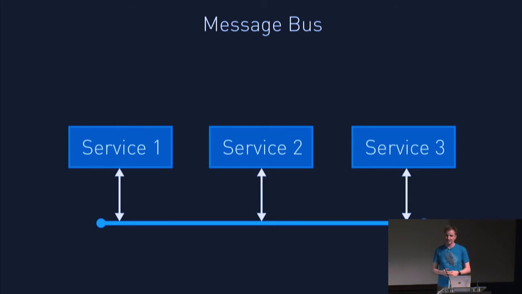A message bus is an application or a cluster, but basically it's a thing. Your service and your website, everything else talks to the thing. You send a message onto the thing with a destination, and then the receiver gets it back with the right name. TCP and UDP are kind of like this, but a message bus is a bit different.